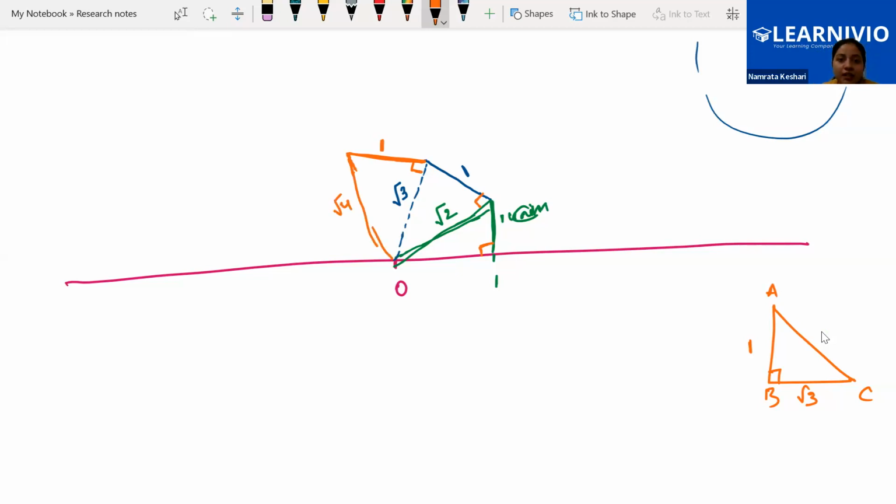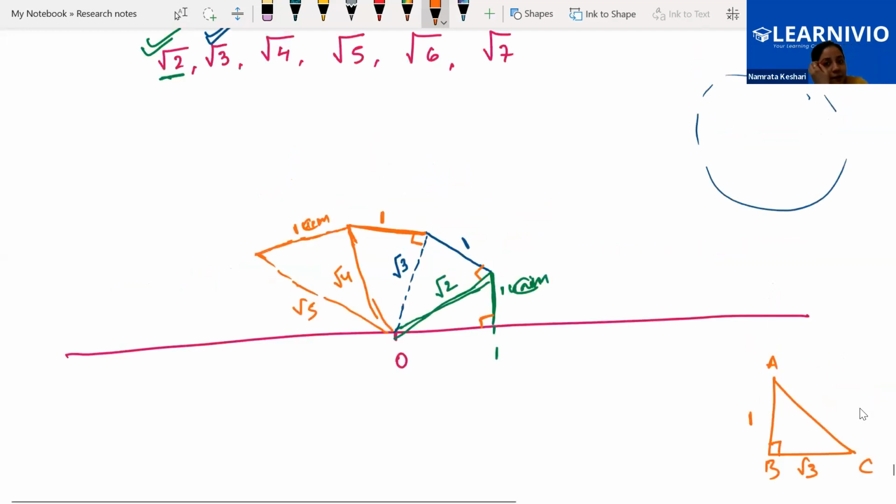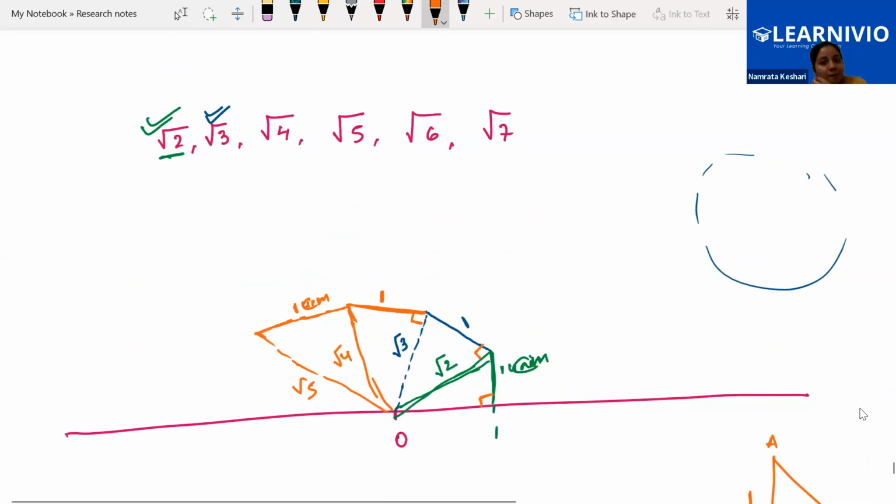Now in the same continuation, again we will drop a perpendicular over here, of 1 centimeter. When we join it with O, we will get root 5. Getting it? Yes, ma'am.